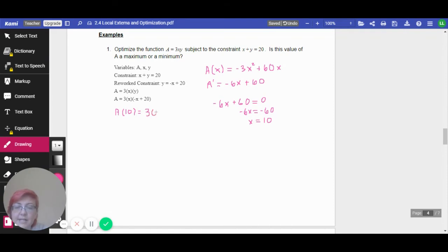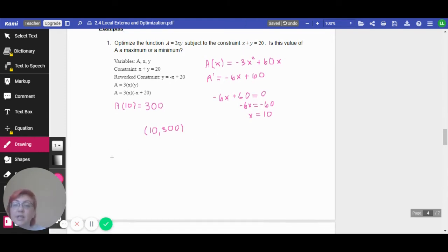So is this a maximum or is this a minimum? Well, what we'll do is we'll write our point of 10, 300, and we will check x values below it and above it in the gradient function.